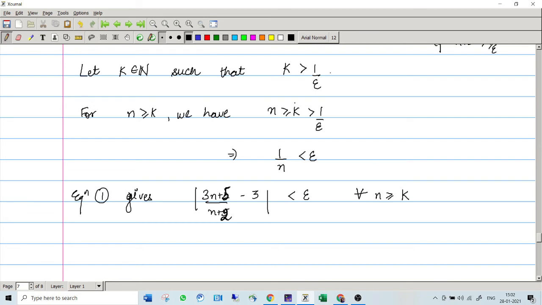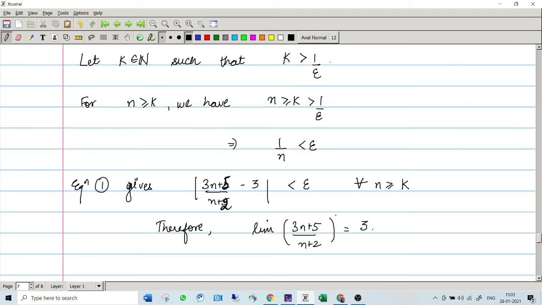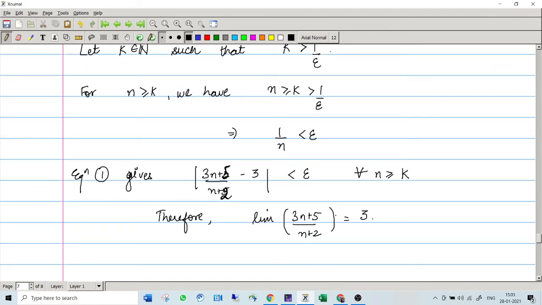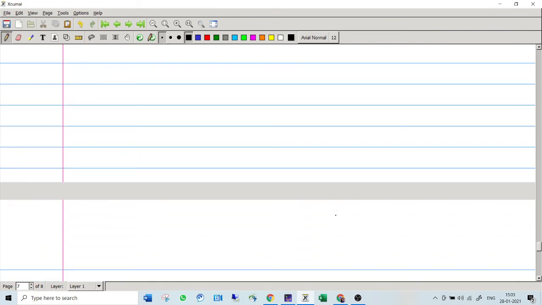So you can now say, therefore, the limit of (3n plus 5) upon (n plus 2) is nothing but this particular number 3. So that's how you'll solve this question, right? That's how you'll attempt this question. So you have that the limit is of this sort. Okay? Is there any doubt so far?